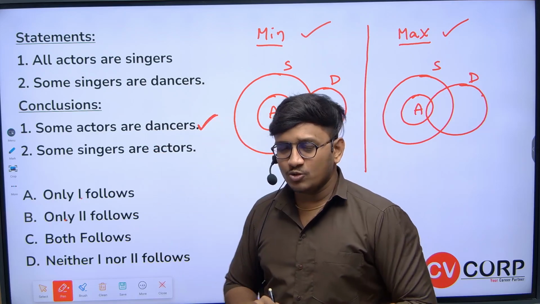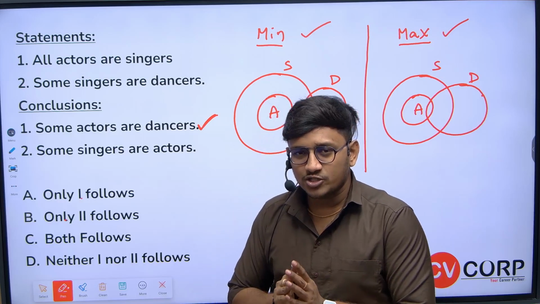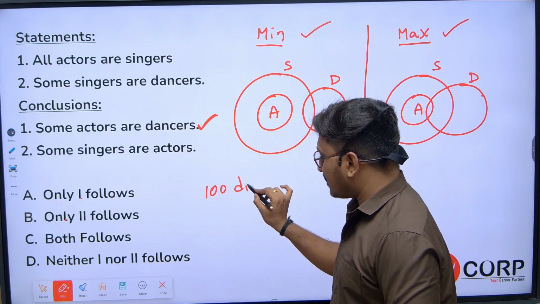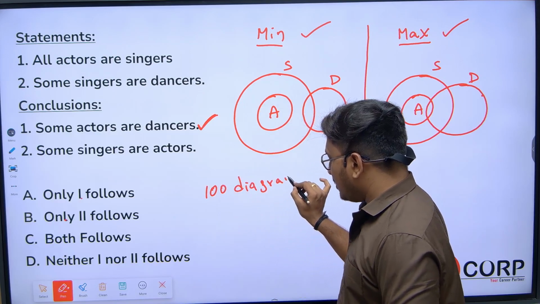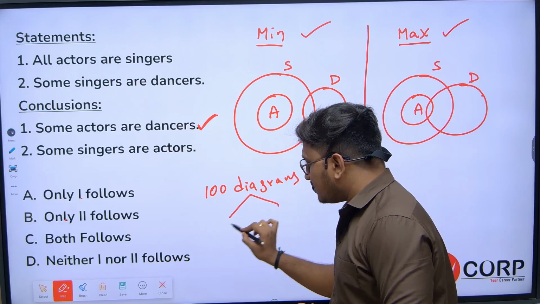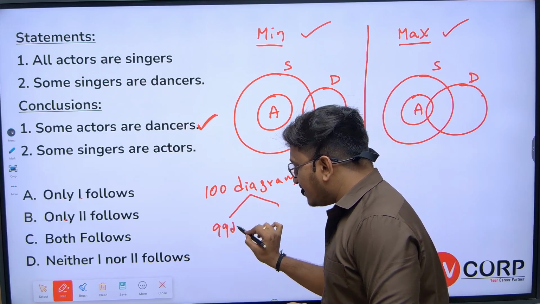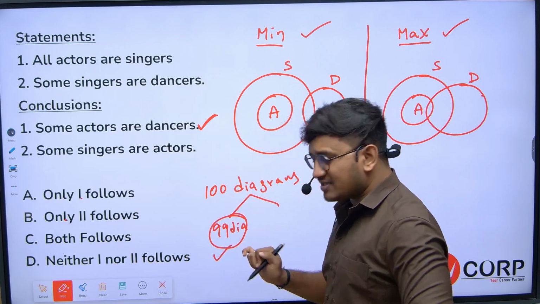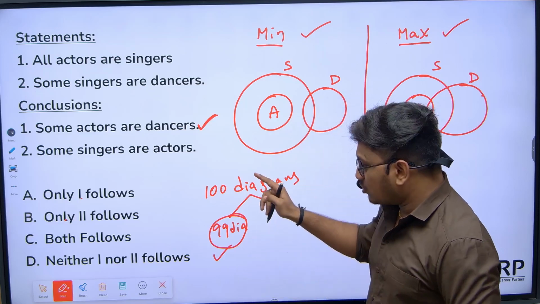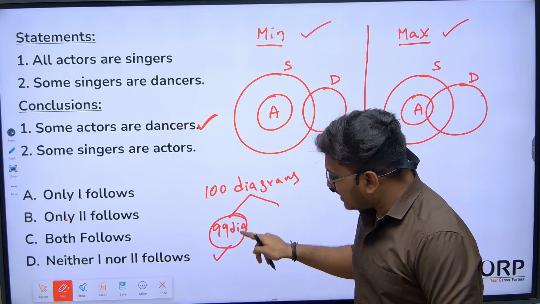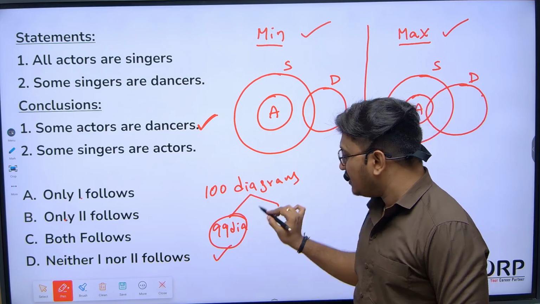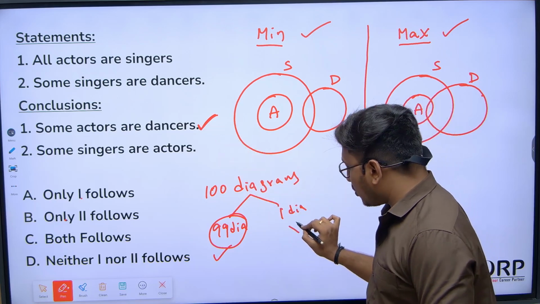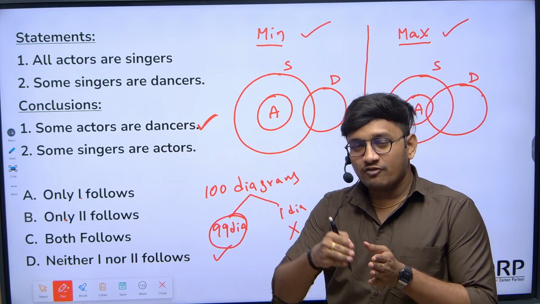Out of these 100 diagrams, 99 diagrams are telling that this conclusion is correct. I'm just telling an example. One diagram is saying that this conclusion is wrong. Then what is your final decision?